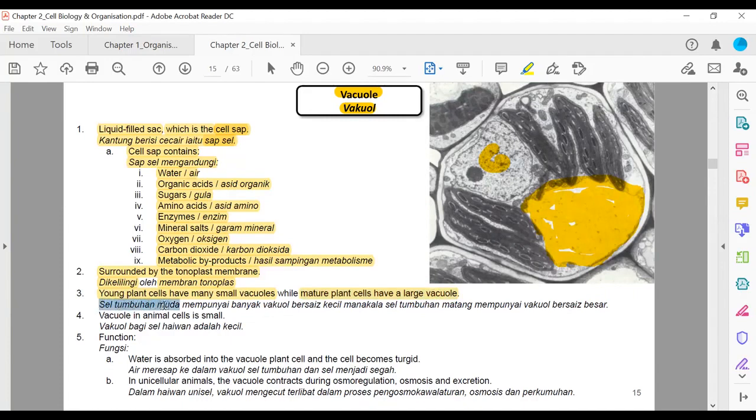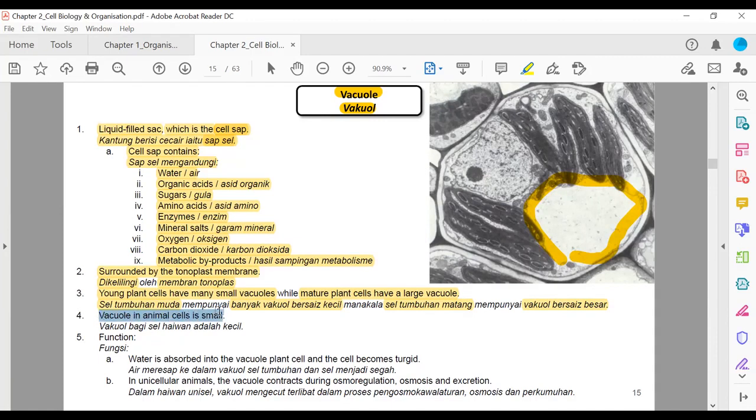So kalau sel tumbuhan muda, banyak vacuole yang bersaiz kecil, manakala bagi sel tumbuhan yang dah matang, dia mempunyai vacuole bersaiz besar. Contoh gambar ini, this is a matured plant cell, and you can see vacuole dia yang agak besar. Okay, so if young plant cell, they have many small vacuoles there and here. Kalau sel yang dah matang, there is only one vacuole, and that one vacuole is very, very large, sangat besar.